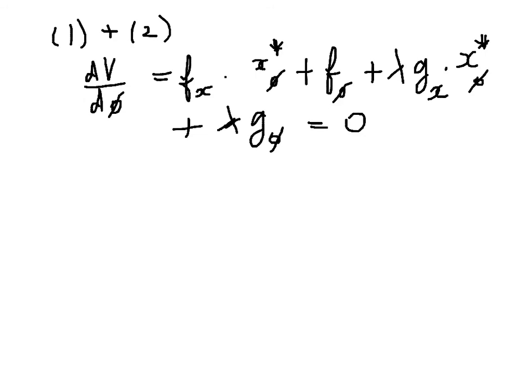And now we can see that this entire expression simplifies. I'm going to factorize here this term, partial derivative of x star with respect to phi.